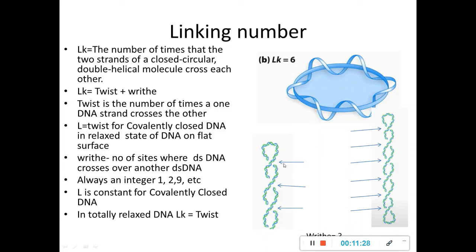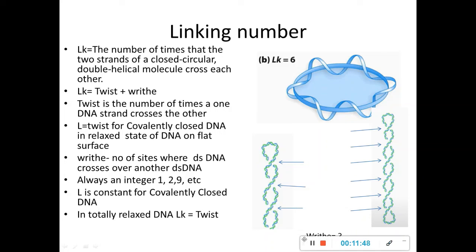So the writhe is found to be 3. But here, look at this particular figure, the double strand of DNA is crossed over almost 6 times. So the writhe and the twist are quite different.